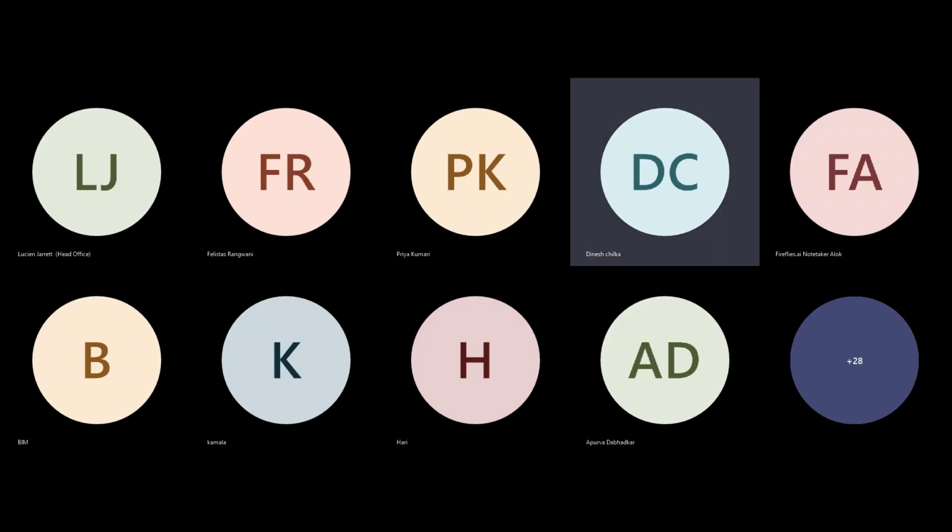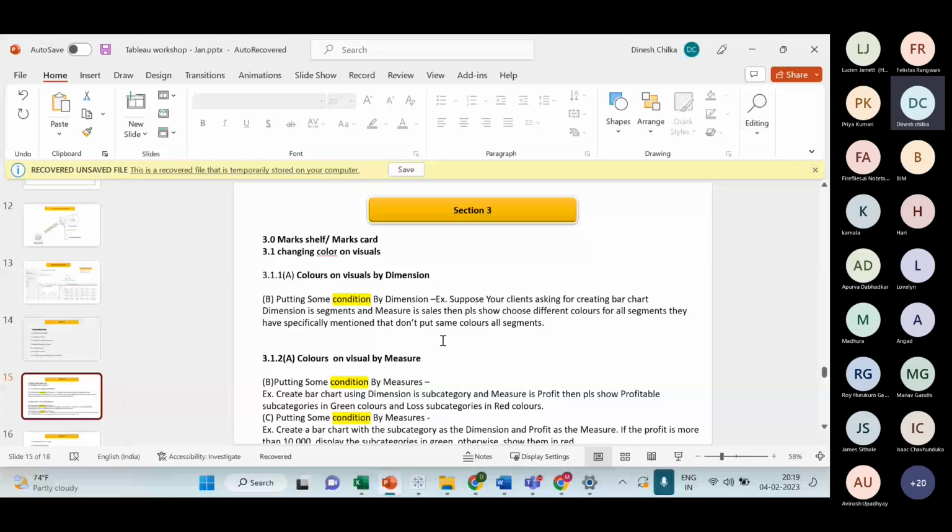Okay, so let's go into the one condition I want to put. Somebody has asked one question, right? I want individual, different colors for the different specific dimension. Suppose the client is asking for creating a bar chart, and dimension is segment and measure is sales.